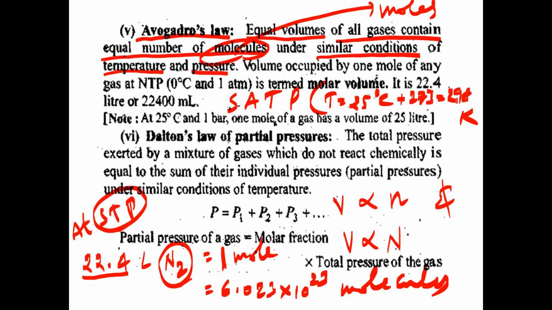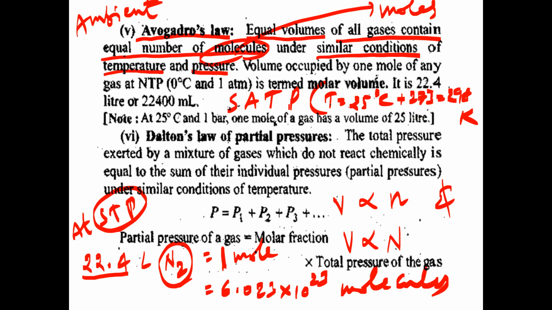SATP means standard ambient temperature and pressure, and the standard ambient temperature is 25 degrees Celsius. That is room temperature, which is 298 Kelvin.